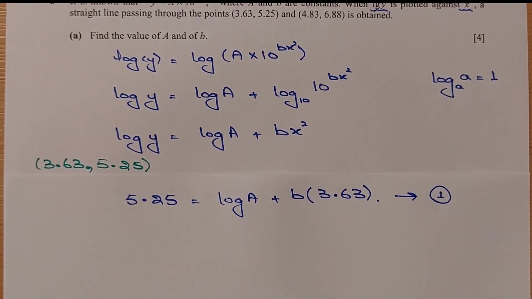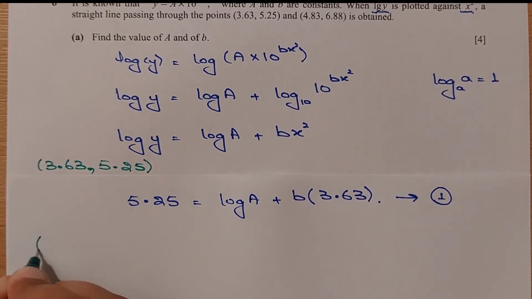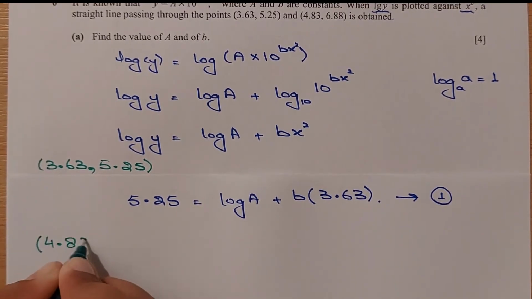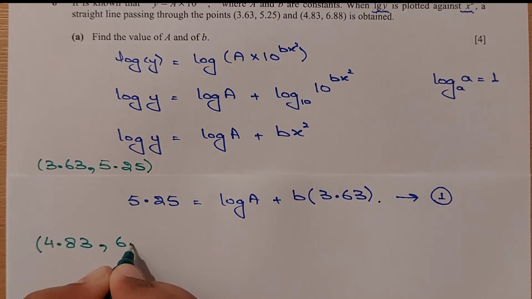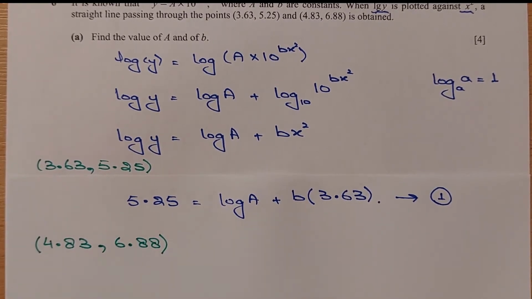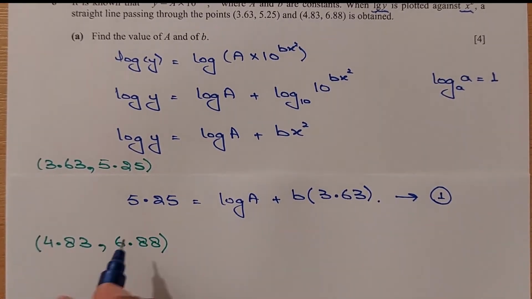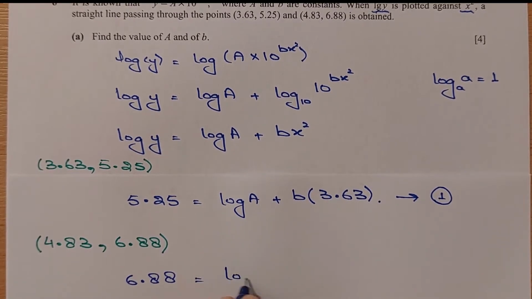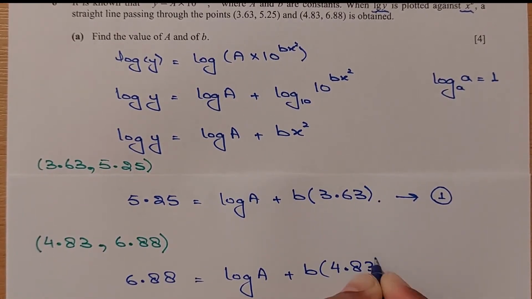Now let me substitute the second point, that is 4.83 and 6.88. So now log y is 6.88, the y coordinate, equals log a plus b times the x square, 4.83. That is the second equation.